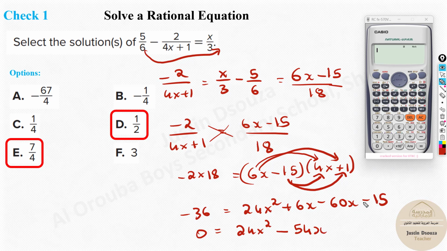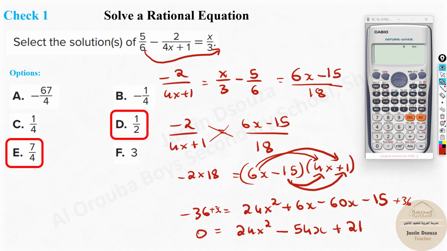And this is minus 15. This minus 36 comes to the other side, becomes plus 36 here, right? So it's going to be minus 15 plus 36, that's plus 21. This would be your answer.